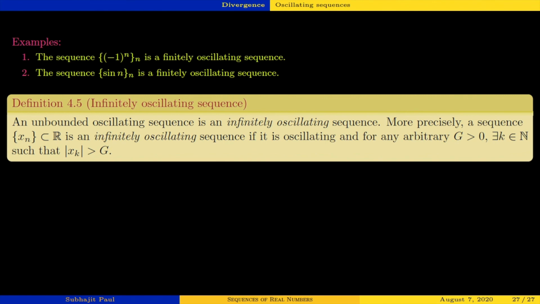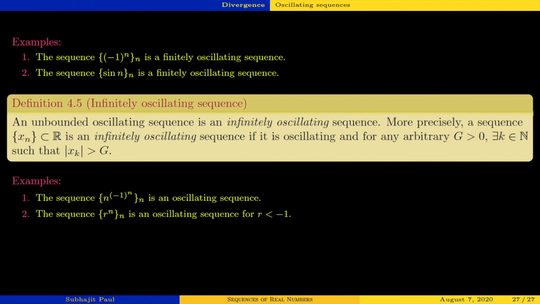Understand that it does not stay more than g. It may come down at the k plus 1th term. It is not saying that it stays more than g. It says that whatever number you give, we will have some term which will exceed that number. That is why it is an unbounded oscillating sequence. So this is an infinitely oscillating sequence.